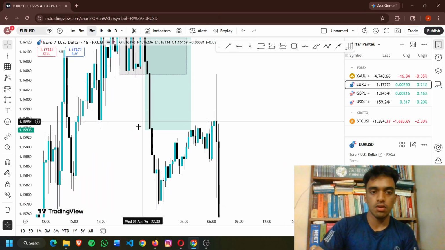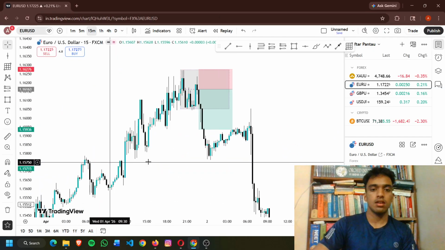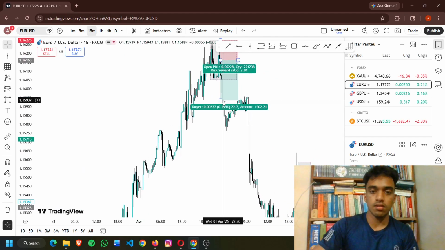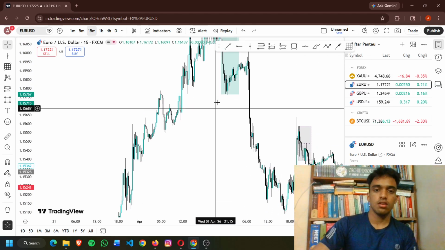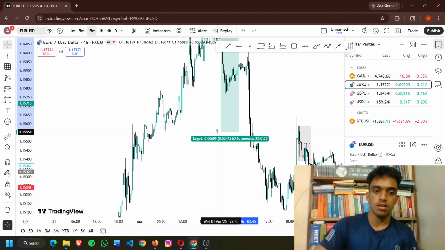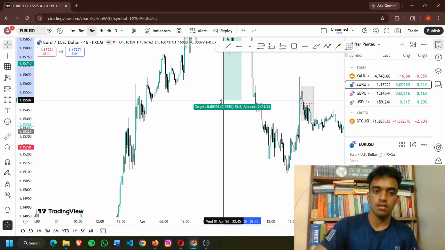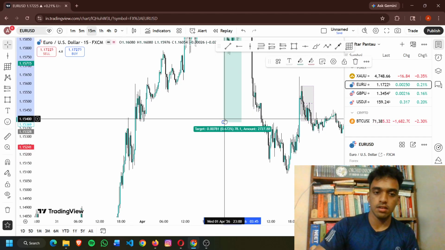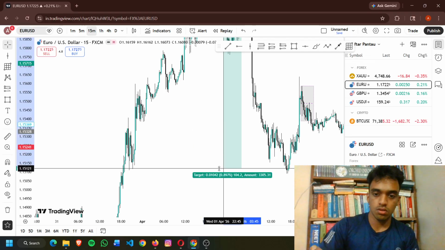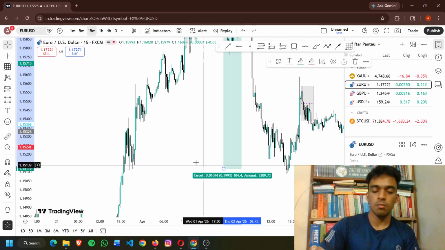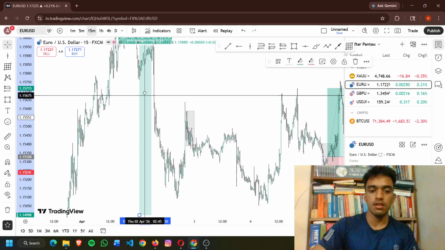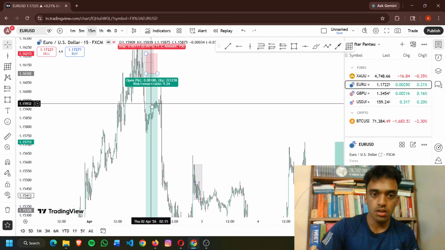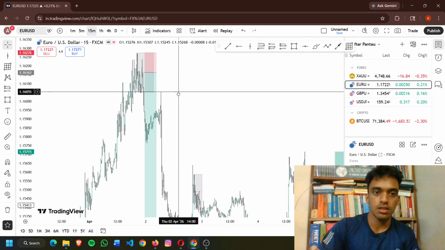So you kept the stop loss. We could have given a target of this. You could have targeted this. So this was the last point of liquidity which you could have taken. Let's see how good of a trade it was.